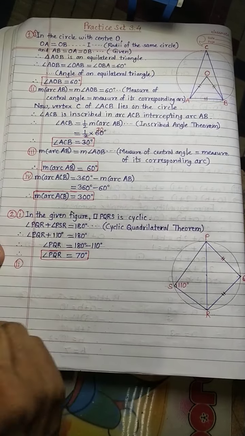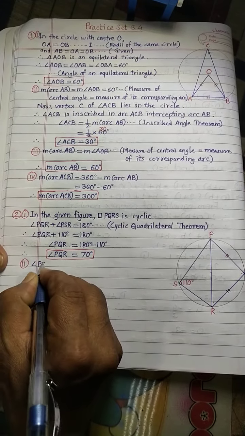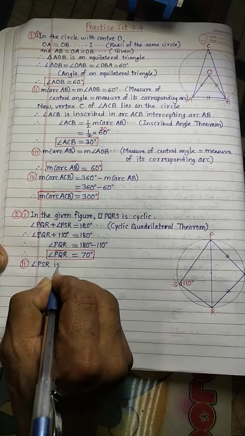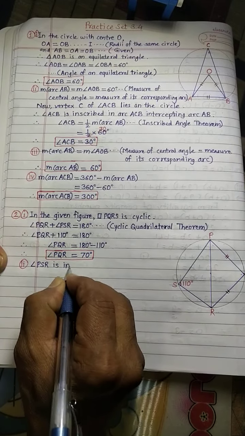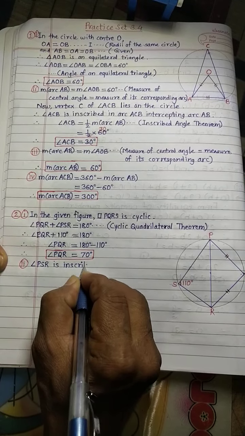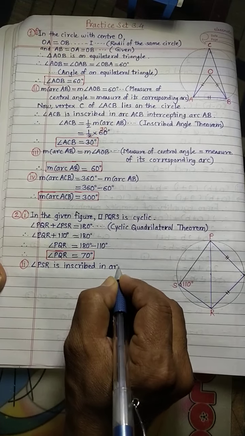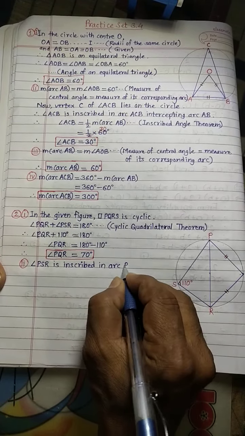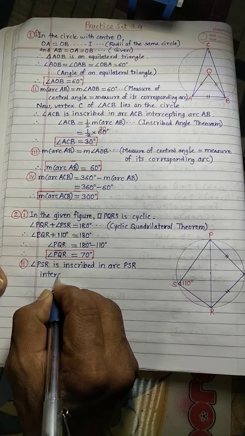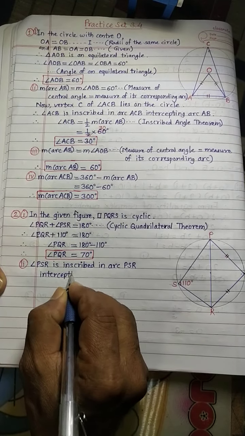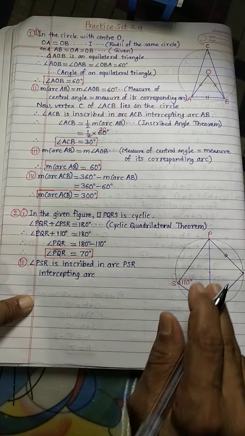Okay, so let us start now. Here angle PSR is inscribed in arc PSR, intercepting arc PQR.